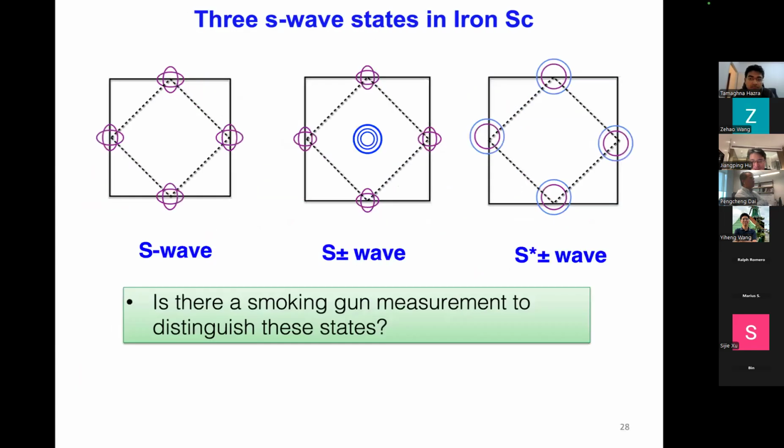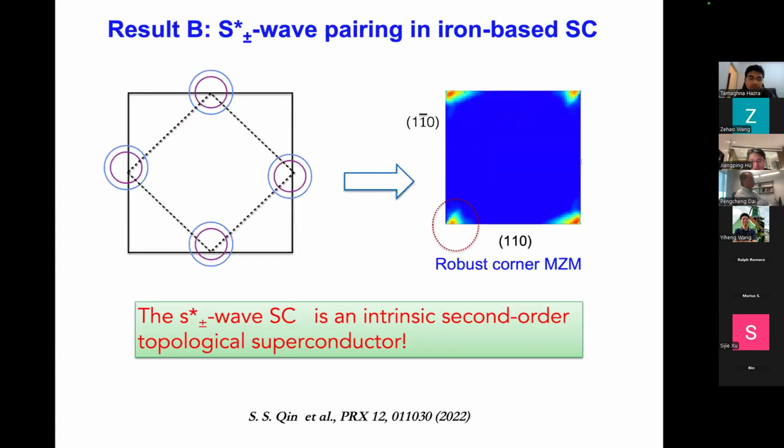The thickness of the layer is not in your calculation, right? Yeah, not in my calculation. So far, we are just doing these corners, not considering c-axis couplings.